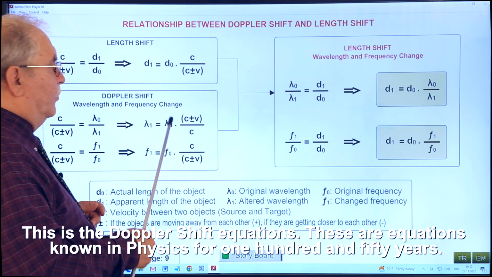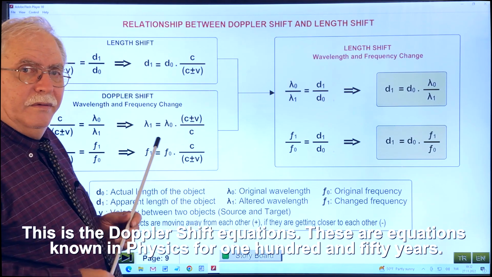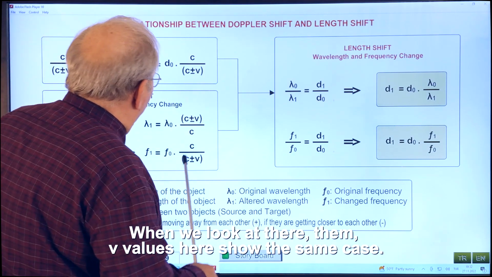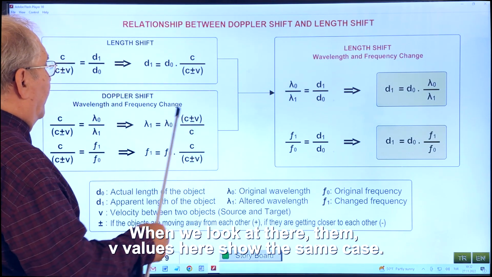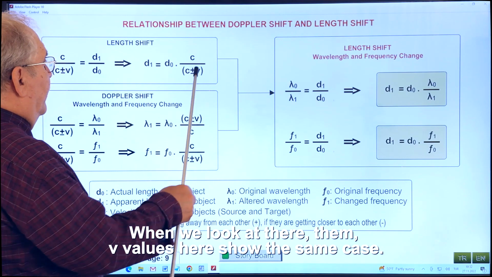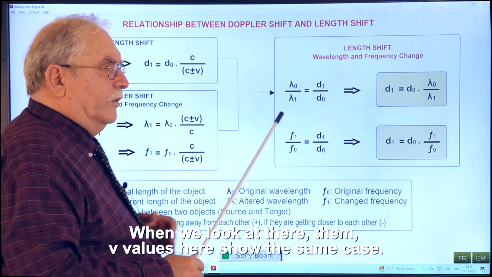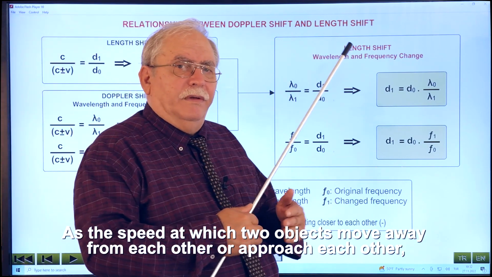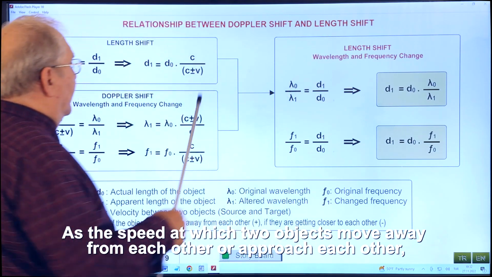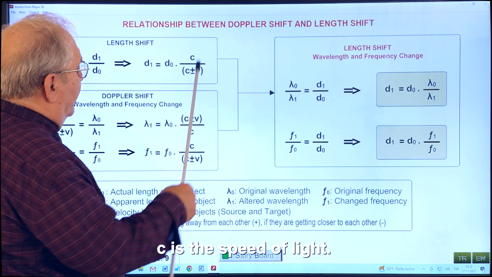These are equations known in physics for 150 years. When we look at them, v values here show the same case, as the speed at which two objects move away from each other or approach each other. C is the speed of light.